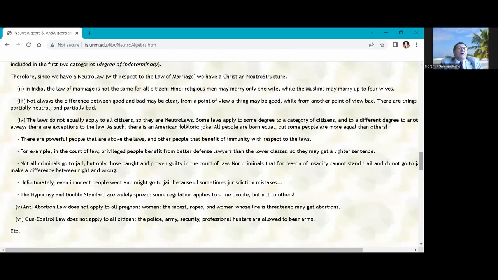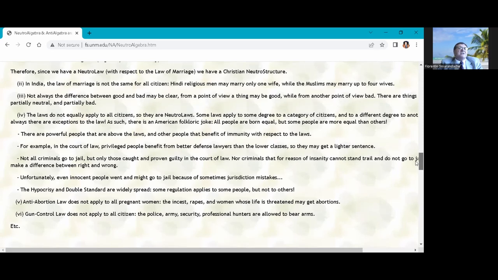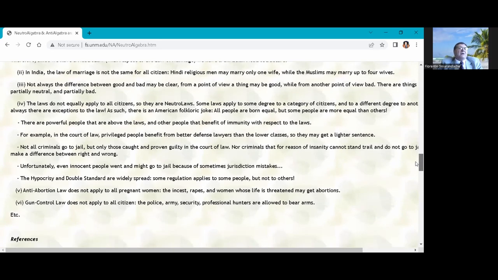Another example of laws that work differently: in India, the law of marriage is not the same for all citizens. In the Hindu religion, men may marry only one wife, while Muslims may marry up to four wives. So as you see, the law is different for the same country.